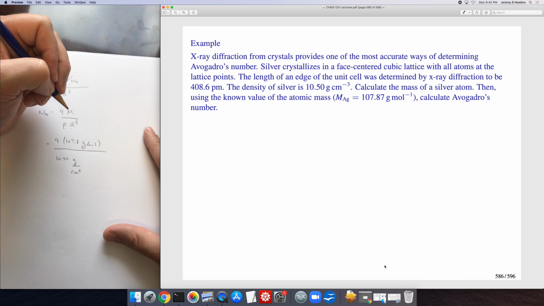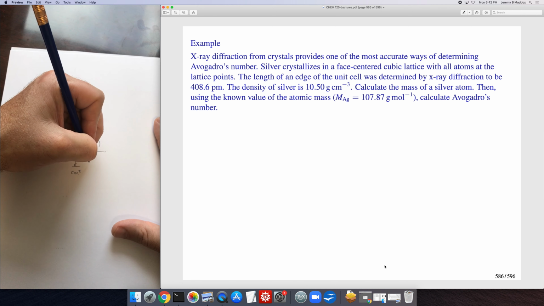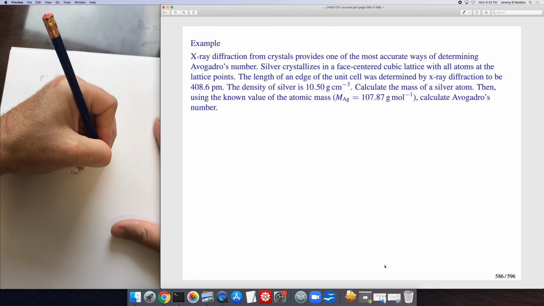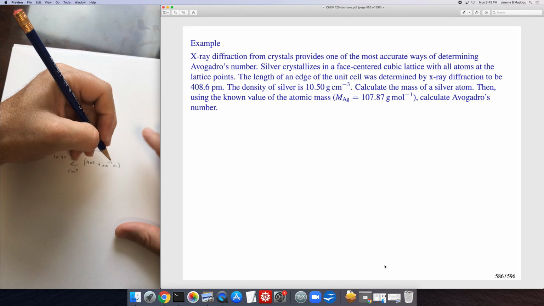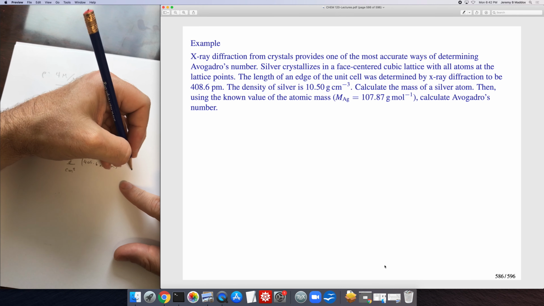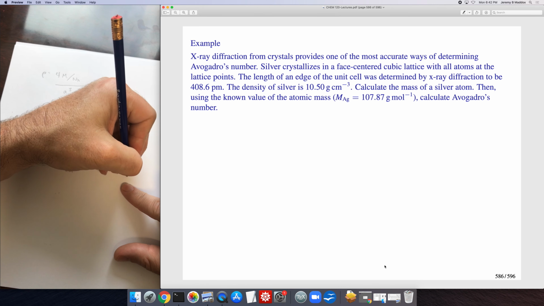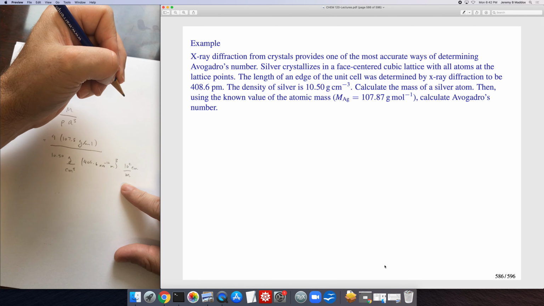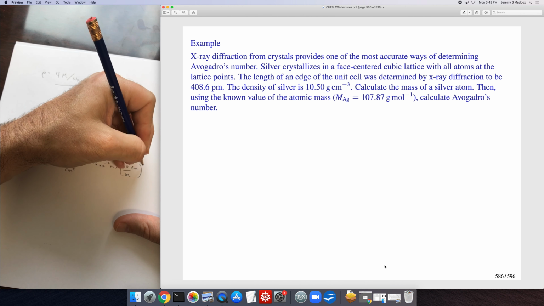We'll do that on the distance here. So we've got 408.6 times 10 to the minus 12 meters, and that's cubed. We want to convert that to cubic centimeters. So we're going to say that for 1 meter there are 10 to the 2 centimeters, and then we need to cube that.